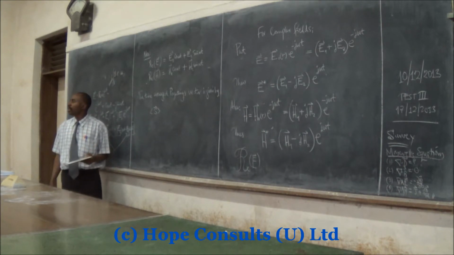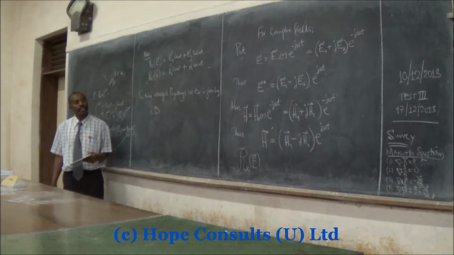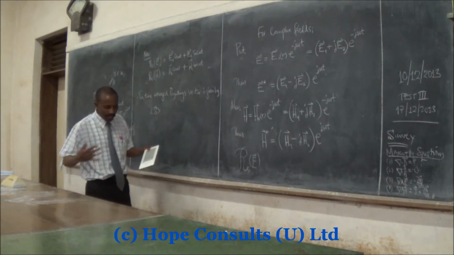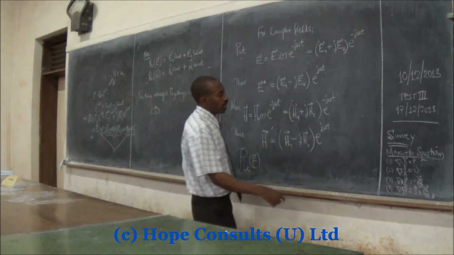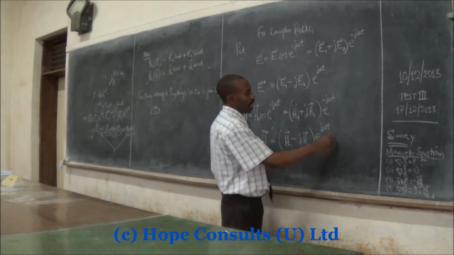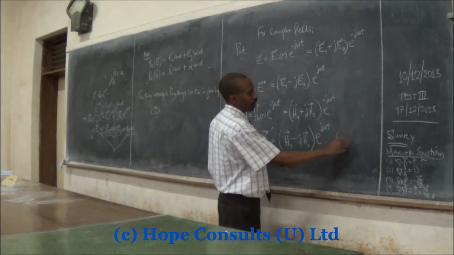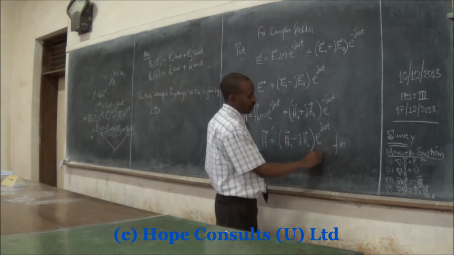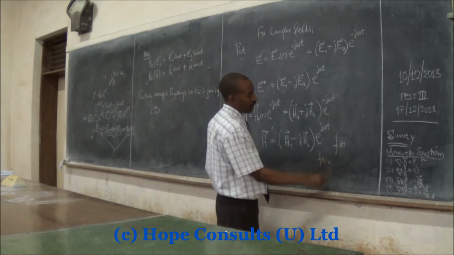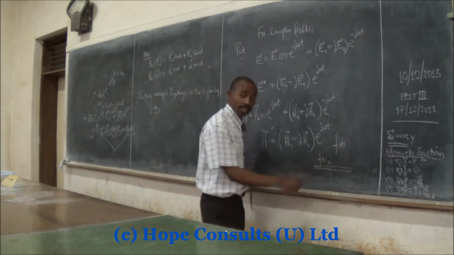And if you remember in alternating currents, AC circuits in our electricity and magnetism, if you define the periodic function f(t), if any function f(t) is periodic, we gave a formula for it.